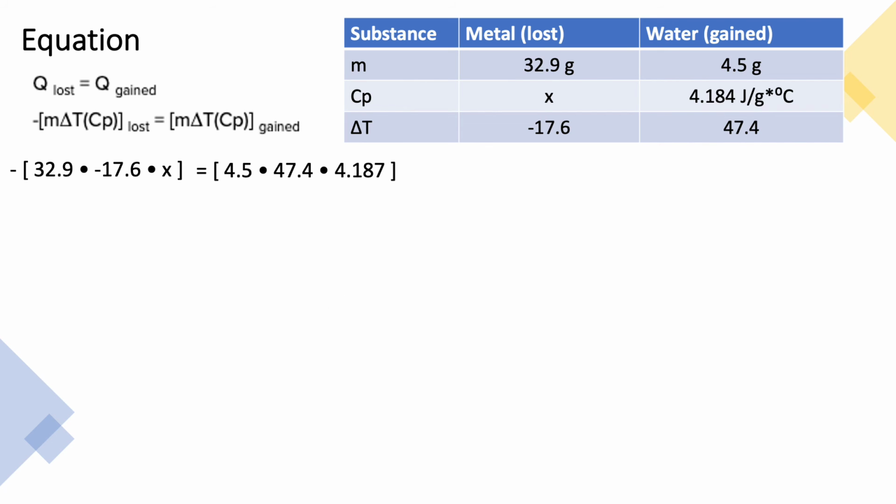Now what we're going to do is we're going to, one at a time, go through and solve. So we have 32.9 times negative 17.6, and we're going to take the opposite of that. So because we have a negative times a negative, we're going to wind up with a positive, and our variable of x stays out. Moving over to the right-hand side, we have 4.5 times 47.4 times 4.184, giving us our total on the right-hand side, or our product.